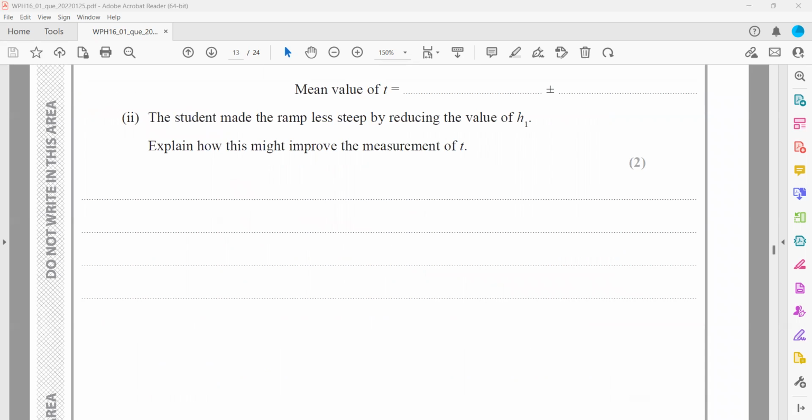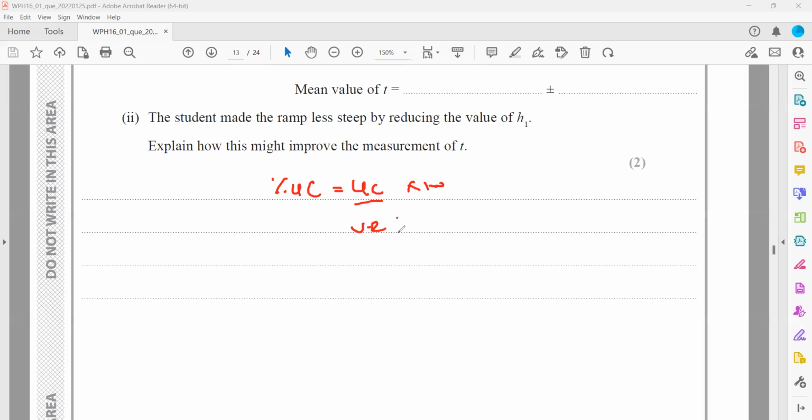So what will be the effect when we reduce the inclination or the height of the ramp? The time will increase as it will move slowly. As the time increases, the percentage uncertainty will decrease. What is percentage uncertainty? Percentage uncertainty is uncertainty divided by value recorded times 100.